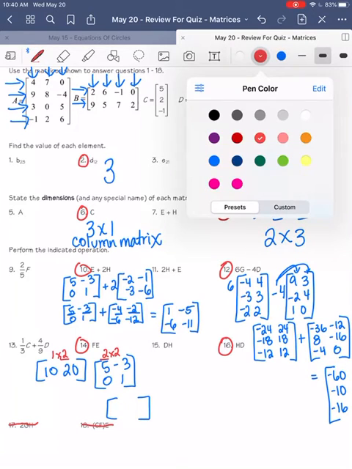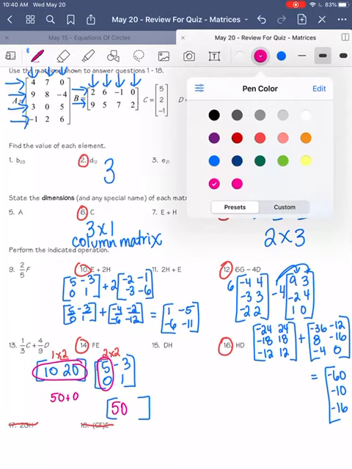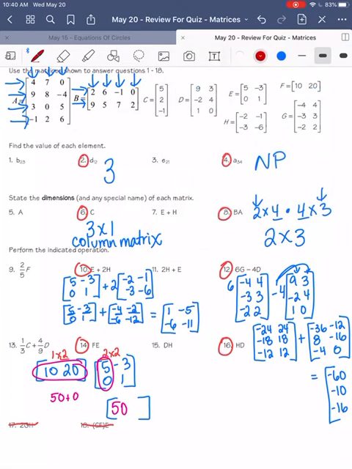Now I'm just going to do a little scratch work. Let me get a different color. I'm going to do row times column. So I'm going to have 10 times 5, which is 50, plus 20 times 0, which is 0. So my first entry is going to be 50. Let's use green so it stands out. Then I'm going to do the same row times the next column.